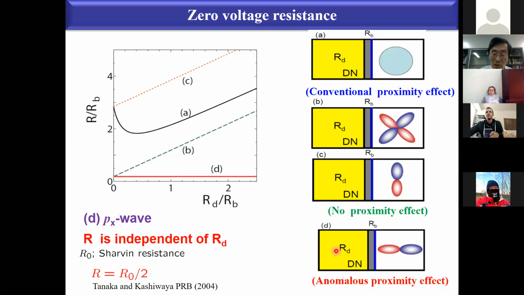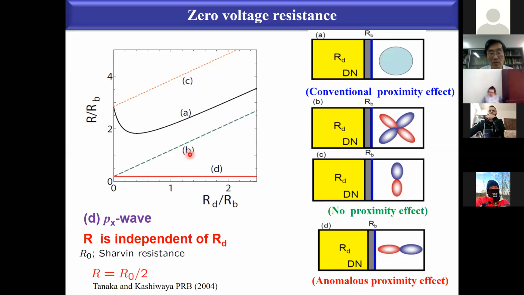Here RD is the diffusive resistance in the diffusive normal matter in the normal state, and RB is the resistance at the interface. With the increase of RD, in the usual case, it was shown by Karl Benecke and Anatoly Volkov that reentrant behavior of the total resistance appears due to the presence of retroreflectivity of Andreev reflection.